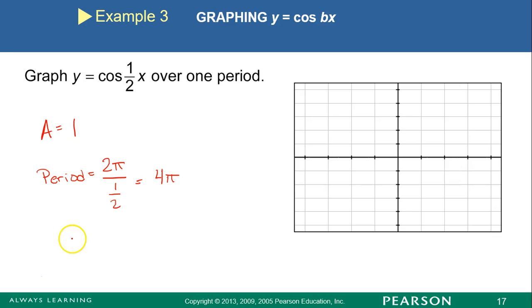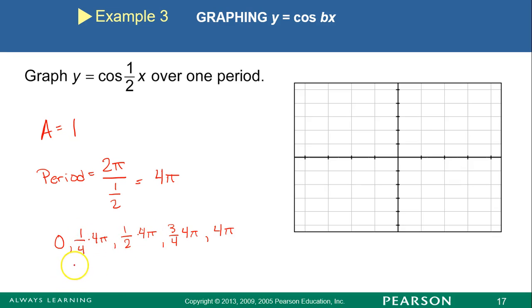Now let's go ahead and find all of our x-intercepts and our x values for our highest and lowest values. Just like a sine and cosine graph, start with 0, and then for the first x value, it's 1/4 of your period. Then the second one, 1/2 of your period. 3/4, and then 1 times 4 pi.